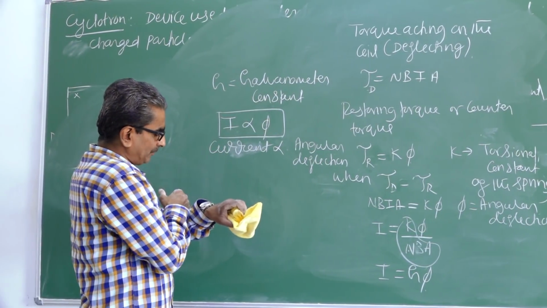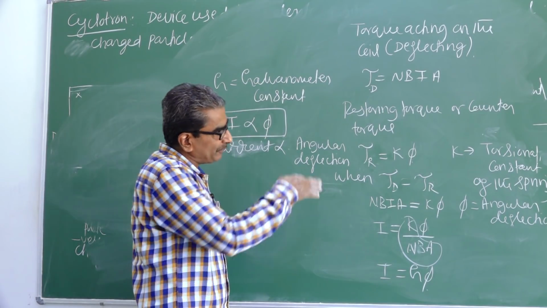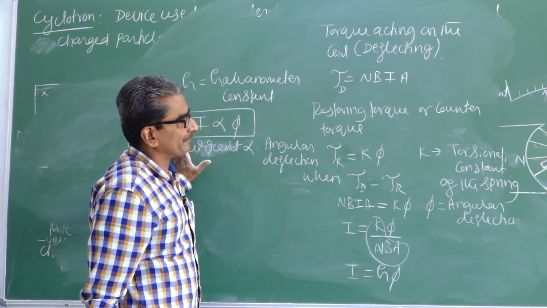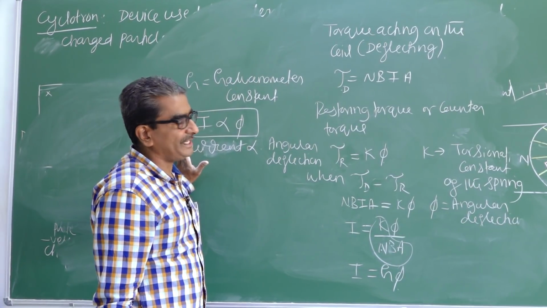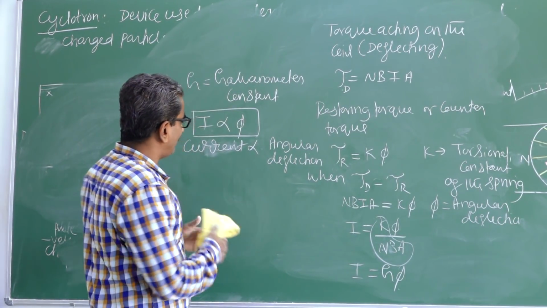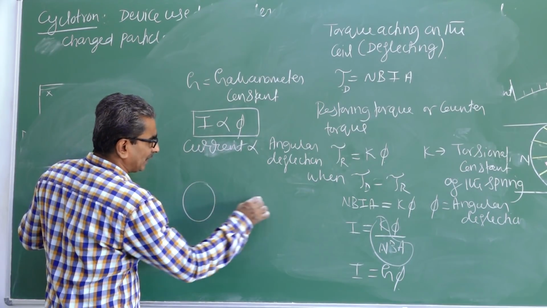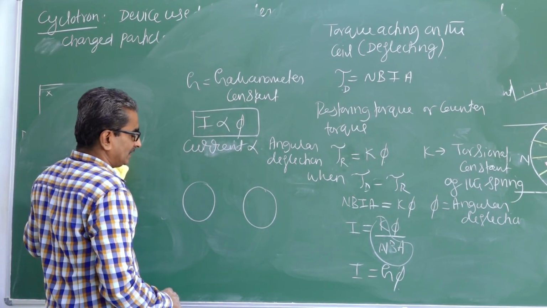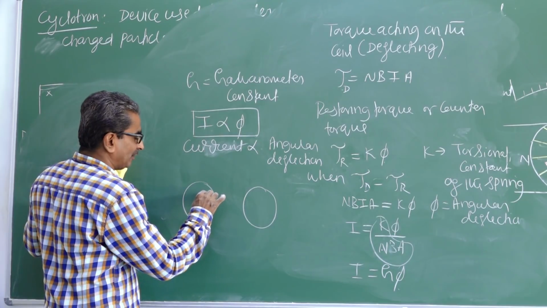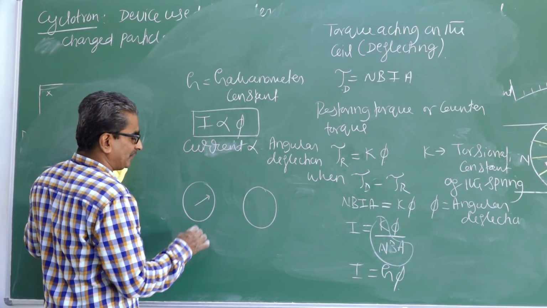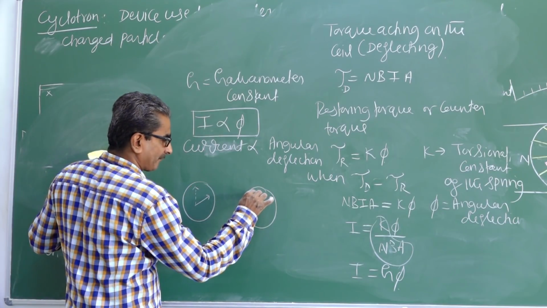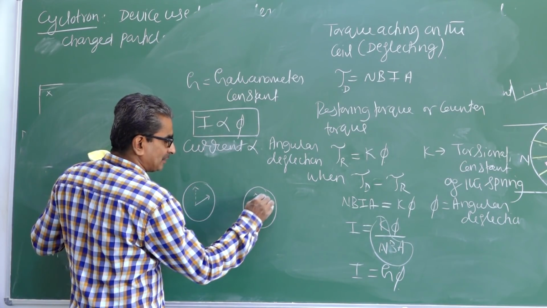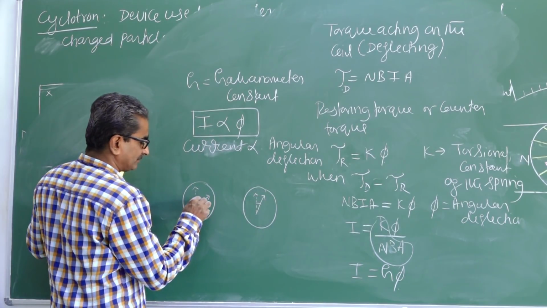Now, suppose you want to consider the sensitivity of the galvanometer. If I consider 2 galvanometers, say for example, 1 galvanometer shows this much of deflection right from its initial position. Another galvanometer shows only this deflection.